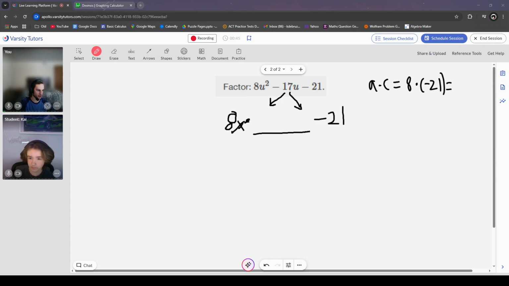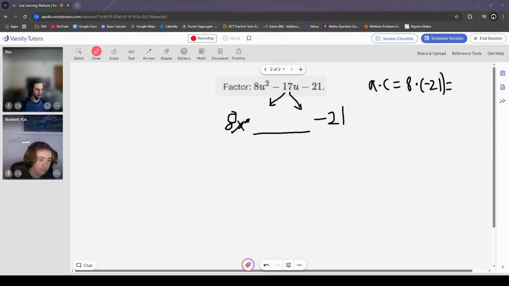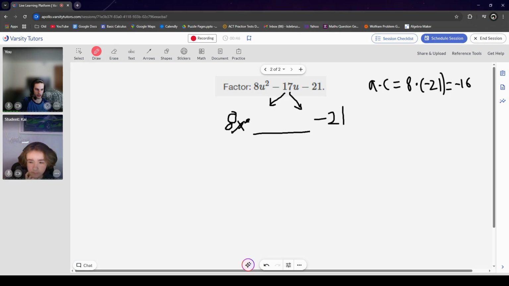What is that number? Negative 168. So then that is negative 168. Now what is our B? Negative 17, it'll carry the sign with it.